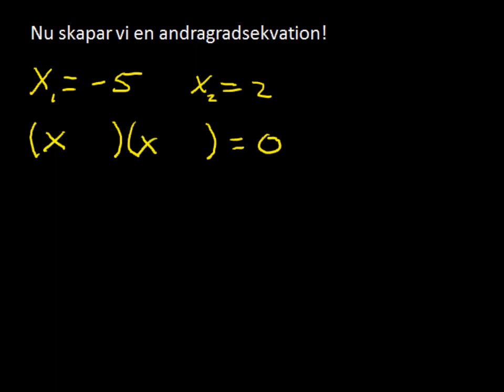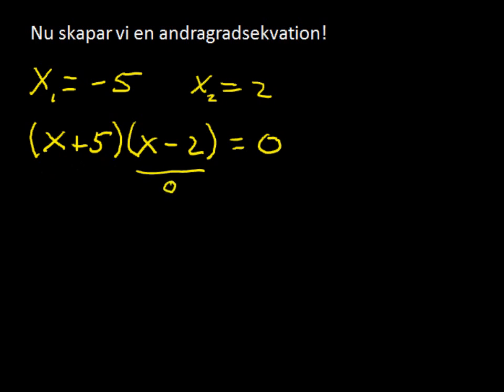If we just take this one right here and we say, okay, what do we need to put here if the answer has to give us a minus 5? Well, if we have x plus 5 and x is negative 5, then we'll get a 0 there. And then on this one, if we have x minus 2, when x is 2, then that'll also give us a 0.